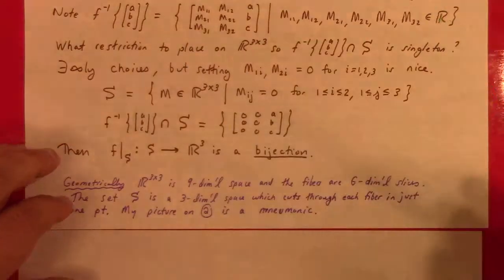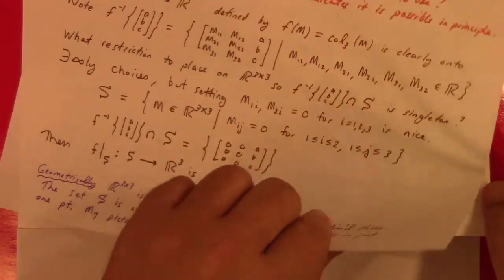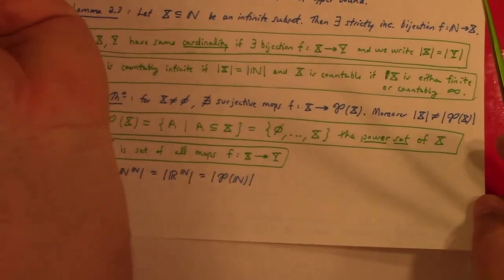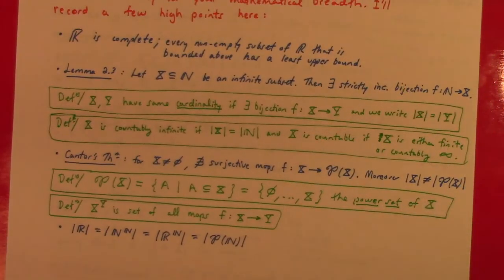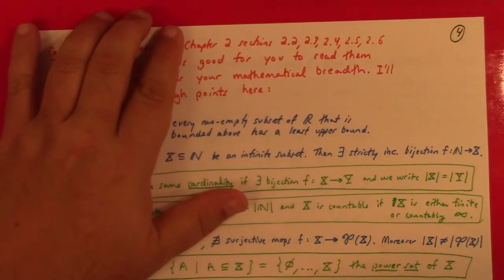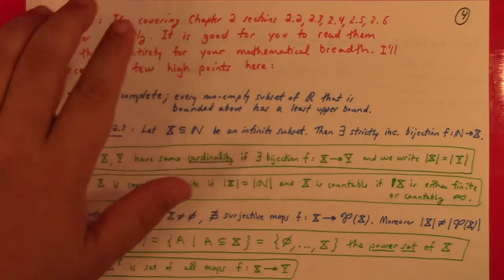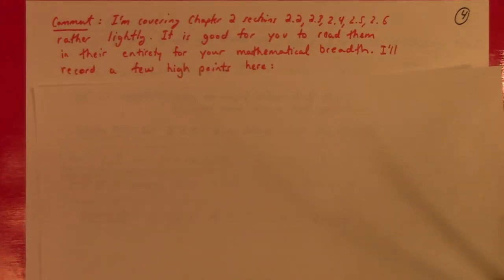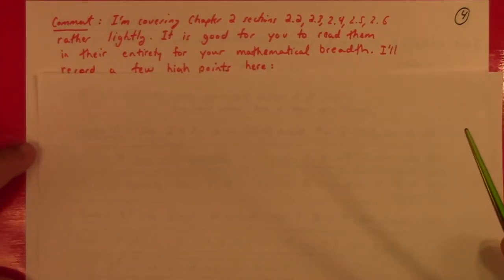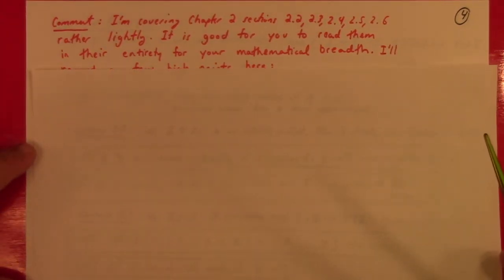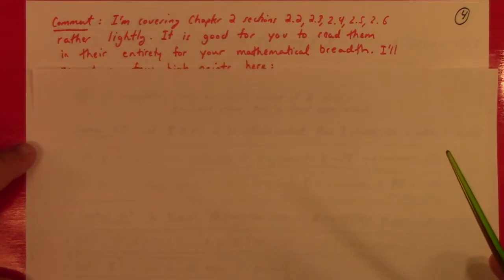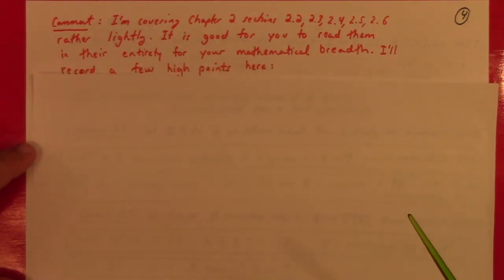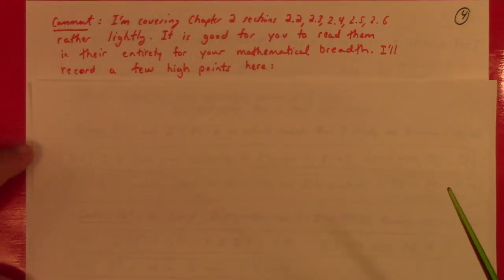So, a comment, a confession I suppose: I am covering Chapter 2, Sections 2.2, 2.3, 2.4, 2.5, and 2.6 rather lightly. It's good for you to read them in their entirety for your mathematical breadth, and I'll record a few high points here.